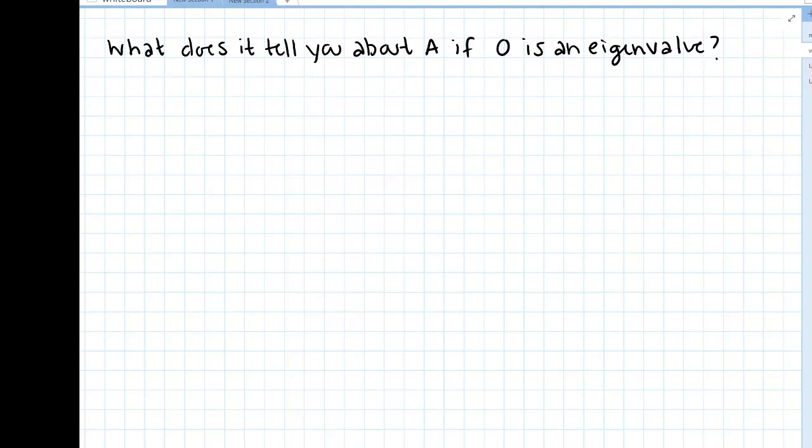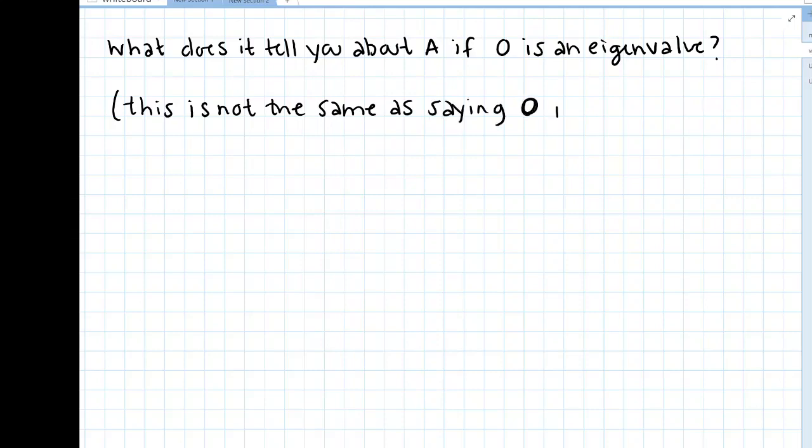We're not allowed to have 0 as an eigenvector, and I don't want you to mix those two concepts up. So this is not the same as saying 0 is an eigenvector. Remember, we're not allowed to consider the 0 vector an eigenvector.